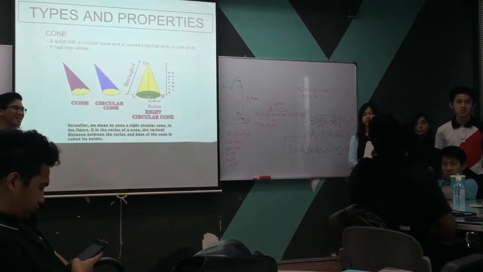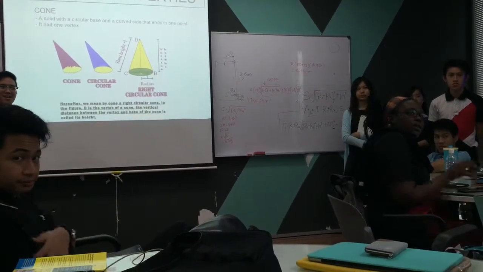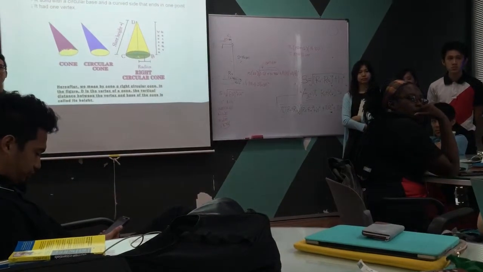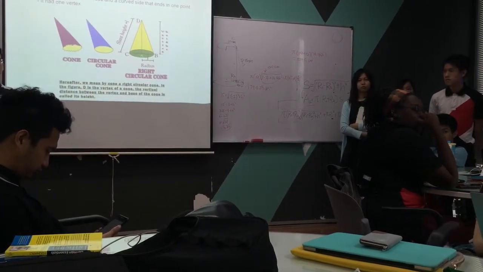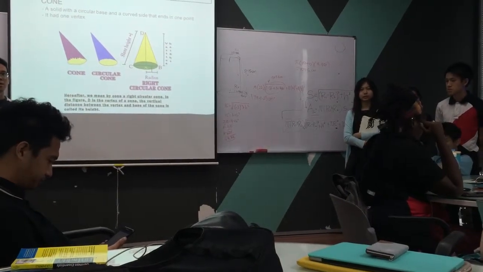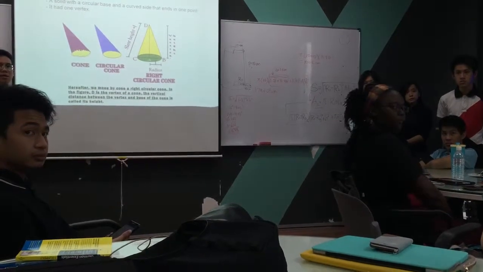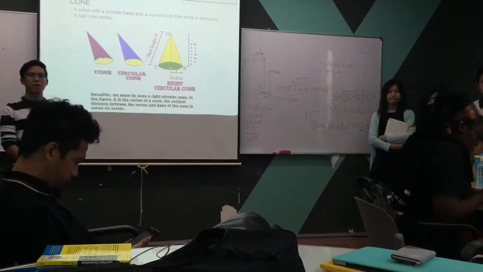In fact, if you chop it off slanted, the top, the smaller tip, is still a cone. But the base is no longer a circle. It becomes an ellipse. Can you imagine that? You have a cone, you chop it off slanted, what happens on the top part?